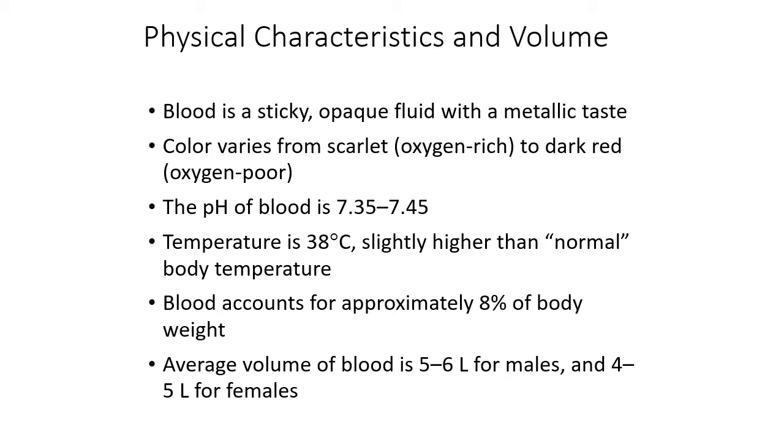Depending upon where we get the blood from dictates what the blood in a sense looks like. When it is a bright red, a scarlet red, we have oxygenated blood. When we have a dark red, we have deoxygenated blood.